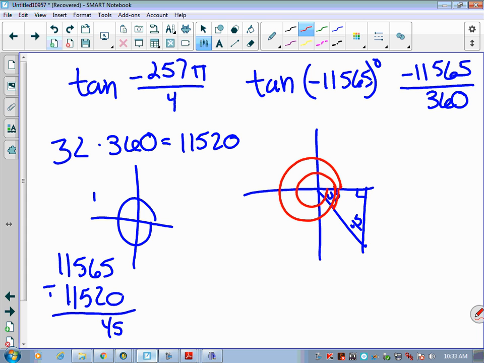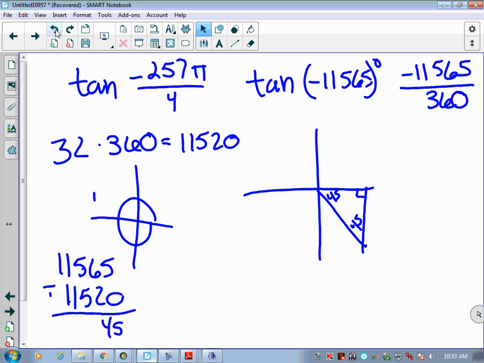Okay? Because this is a unit circle, now I need to put my ratios in here, which means this is 1, but this is negative 1 because I'm below the x-axis, right? Which means this is radical 2.